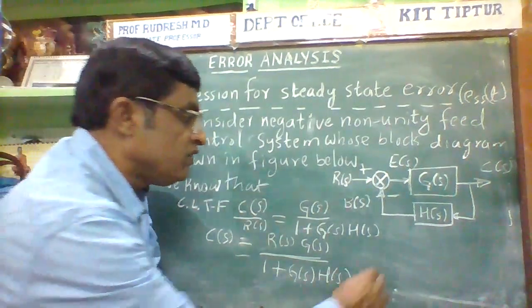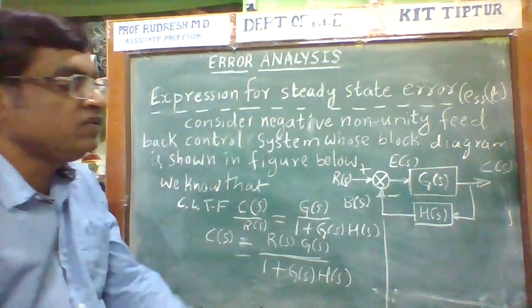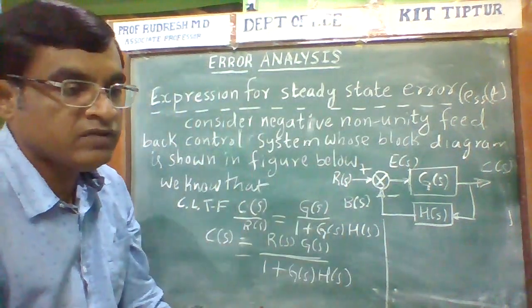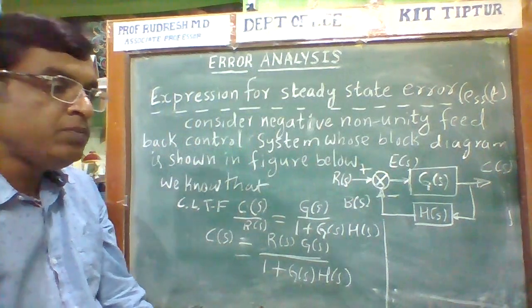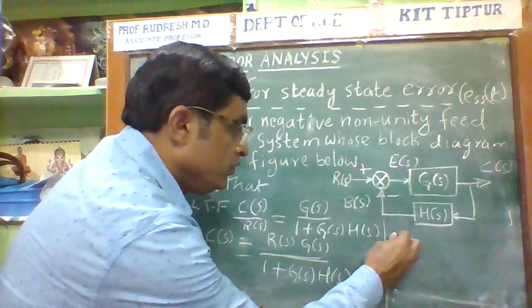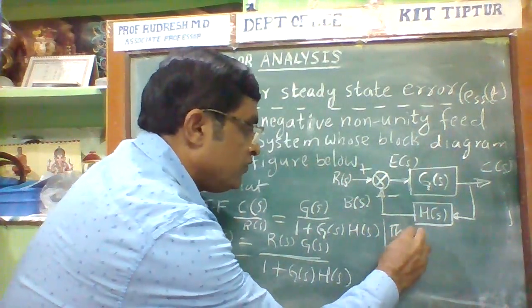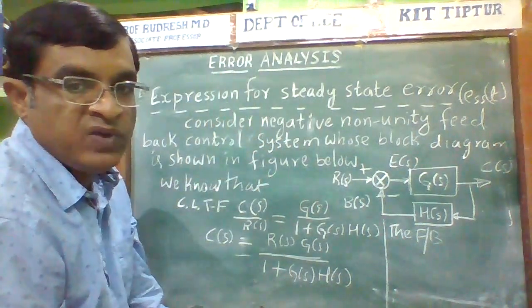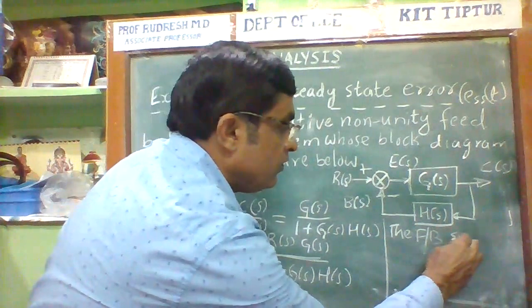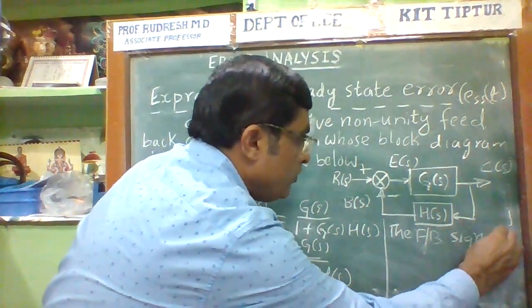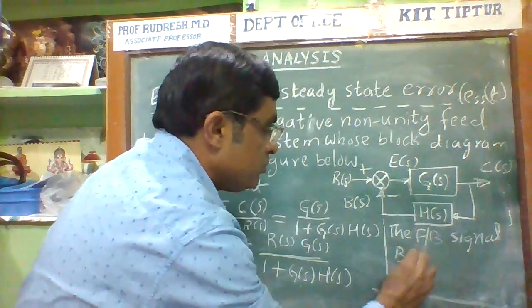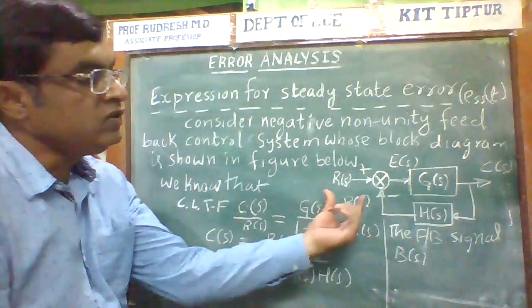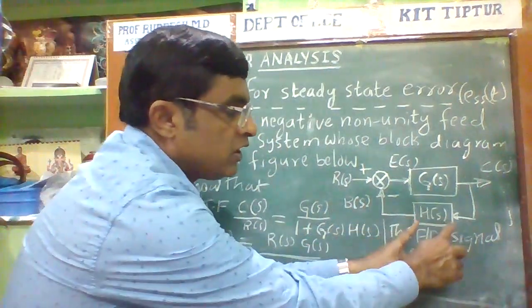Now what is the feedback signal? B(s) is called the feedback signal. B(s) is the output of this particular block.